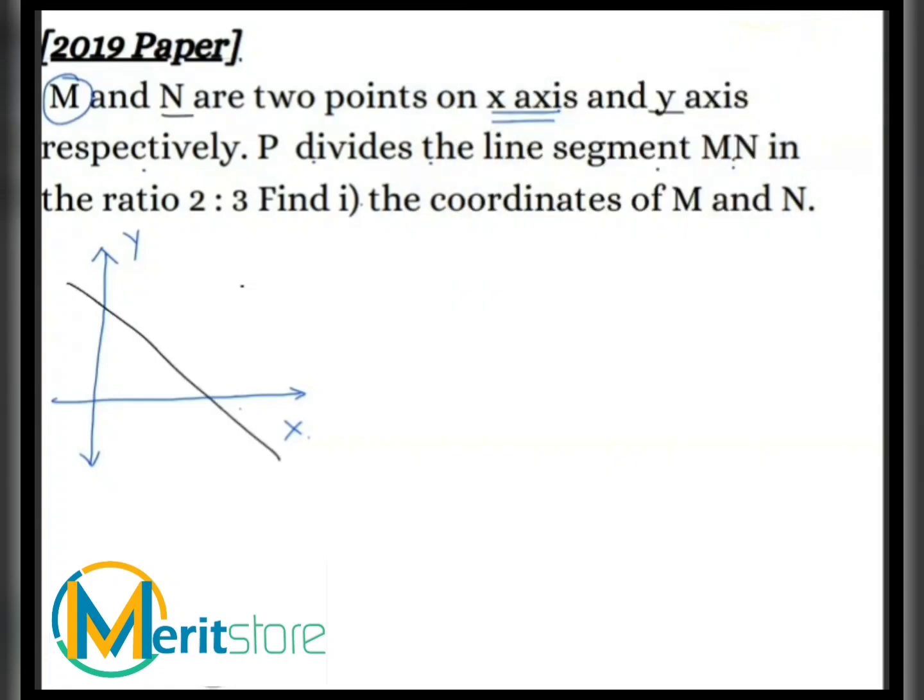So a line like this. This will be N and this will be M. And there's a point here P, which is dividing MN in the ratio 2:3. You see MN, so M here will be 2 and this here will be 3. We have to find the coordinates of M and N.